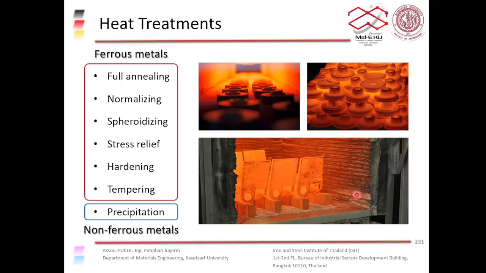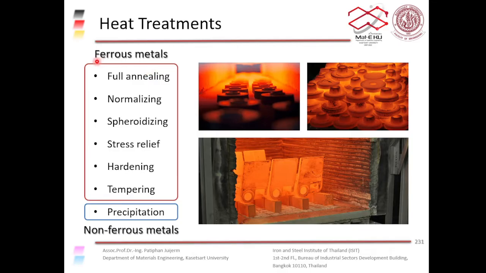Ferrous metals are the alloys which have iron as the main constituent, and non-ferrous metals are other types of metals. Like the non-ferrous metal might have iron as a constituent, but the iron is not the main constituent. An example of non-ferrous metals are, for example, aluminum alloys, titanium alloys, brass, bronze, nickel superalloy, etc.